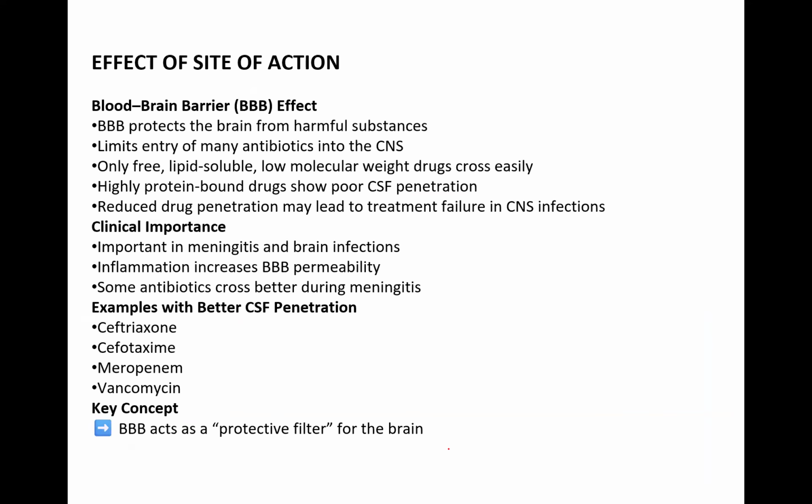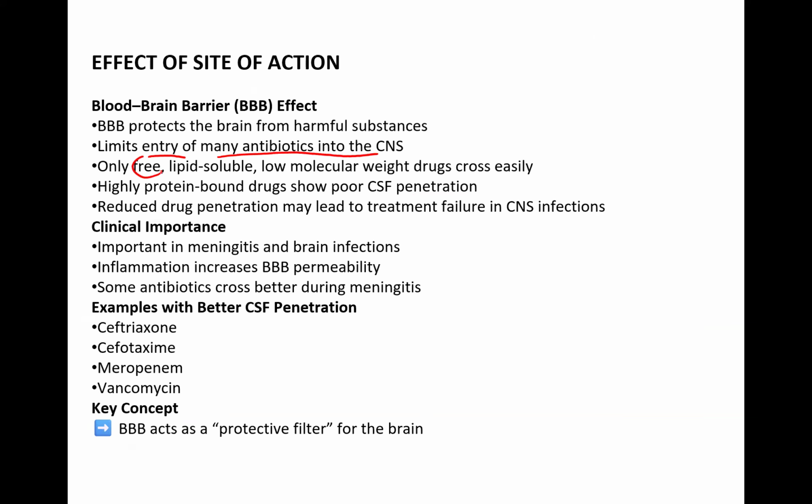What is the effect on the site of action of an antibiotic? Blood-brain barrier effect. The blood-brain barrier protects our brain from harmful substances, so it will limit the entry of antibiotics into the CNS.